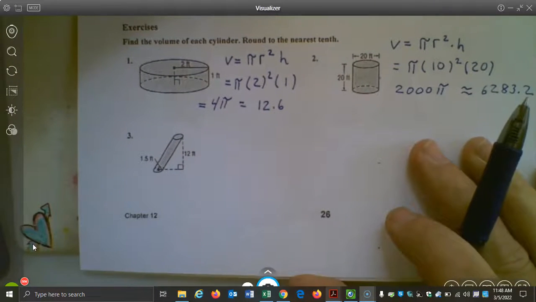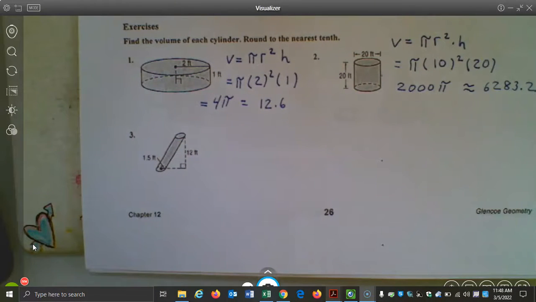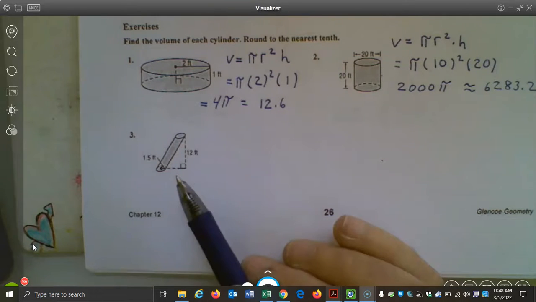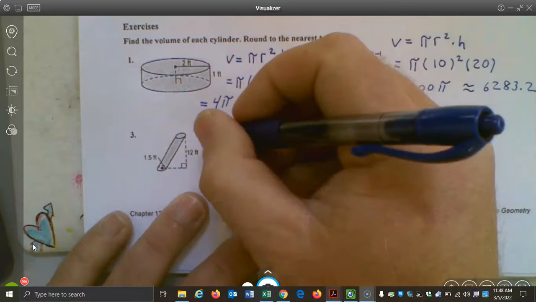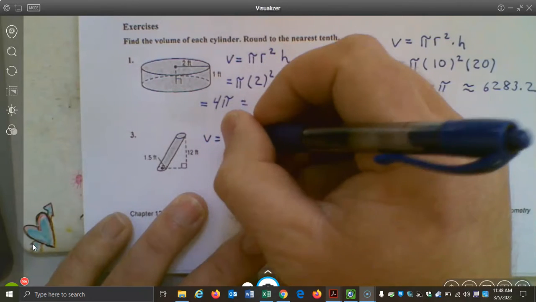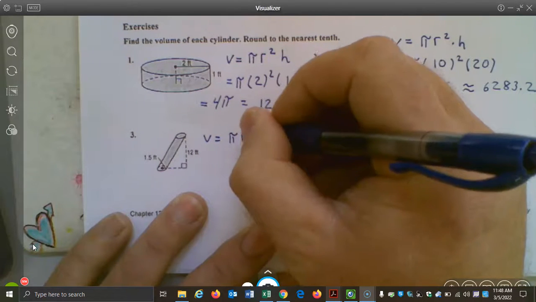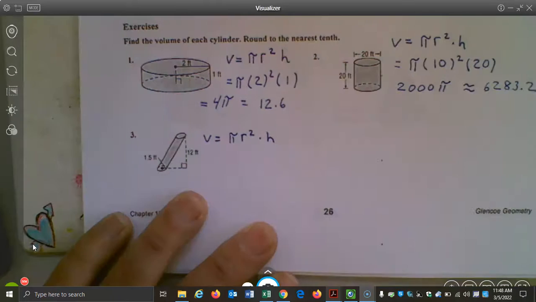In our part 1 video, when we did the volume of a prism, remember we saw what we called an oblique prism, right? And that was a prism that was basically tilted. This is the same thing. This would be an oblique cylinder. Nothing really changes here. I'm still going to do my volume as the area of the base times the height.